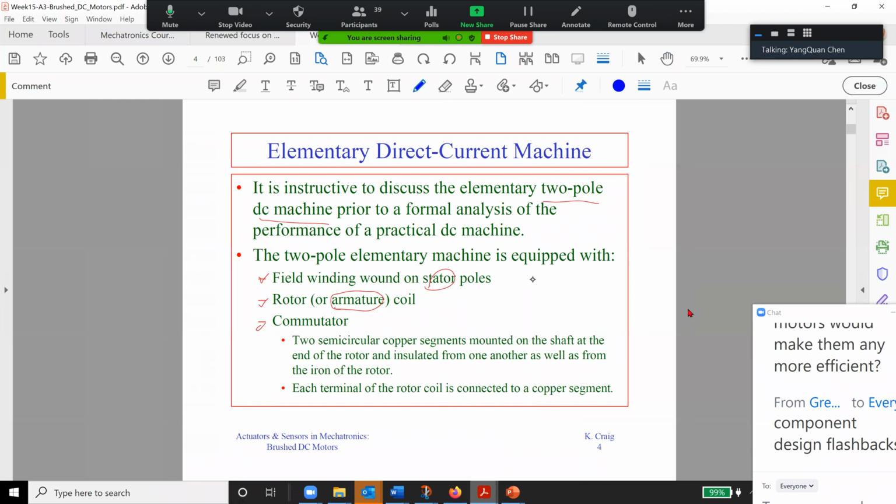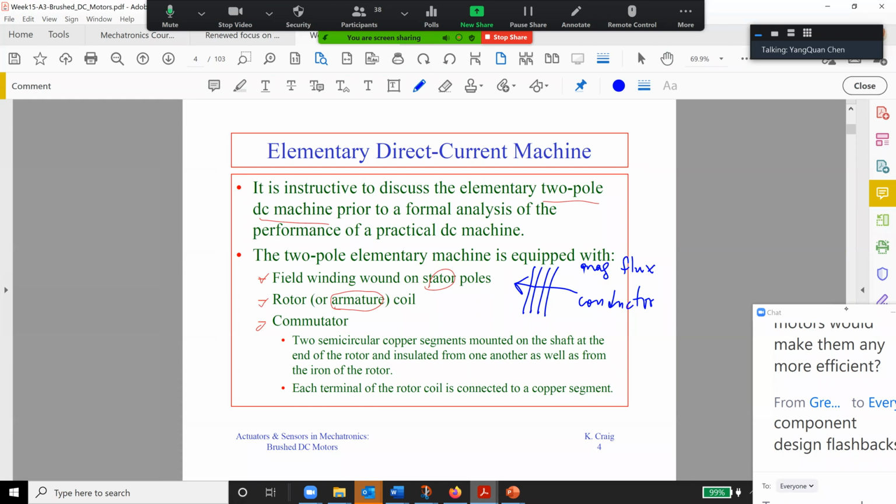So basic idea is that you need to generate some sort of electromagnetic flux for you to cut through the conductor, to be able to produce the electrical and mechanical energy conversion, okay.